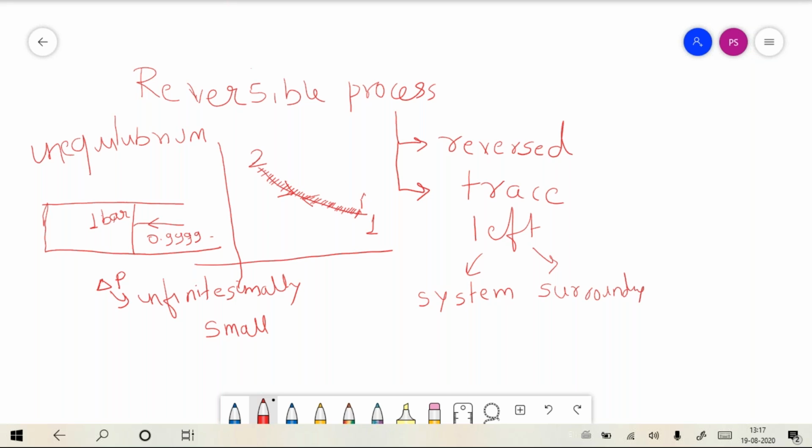Let us say 1 dash, 1 dash. So if you go on having this kind of delta p, which is always very, very small, and you proceed to a new state 2, that kind of expansion, if you calculate the work on a pressure volume diagram, if it is a closed system, would be given by the area under 1 to 2.